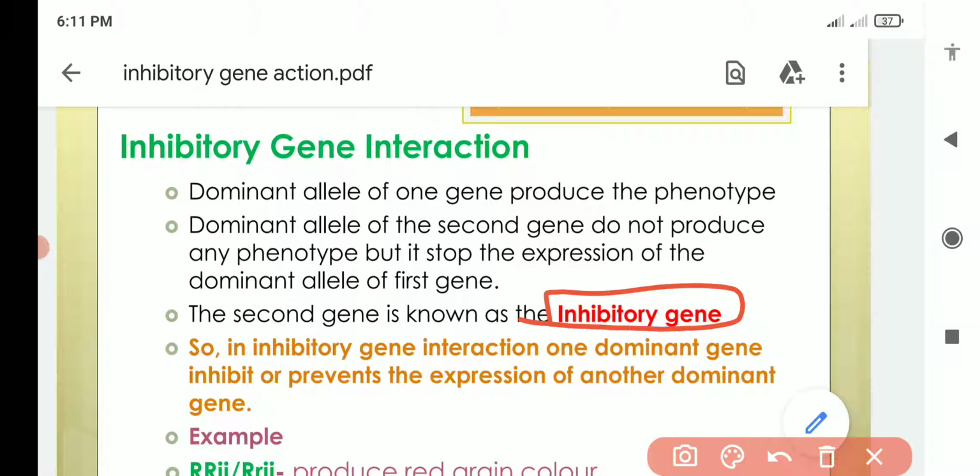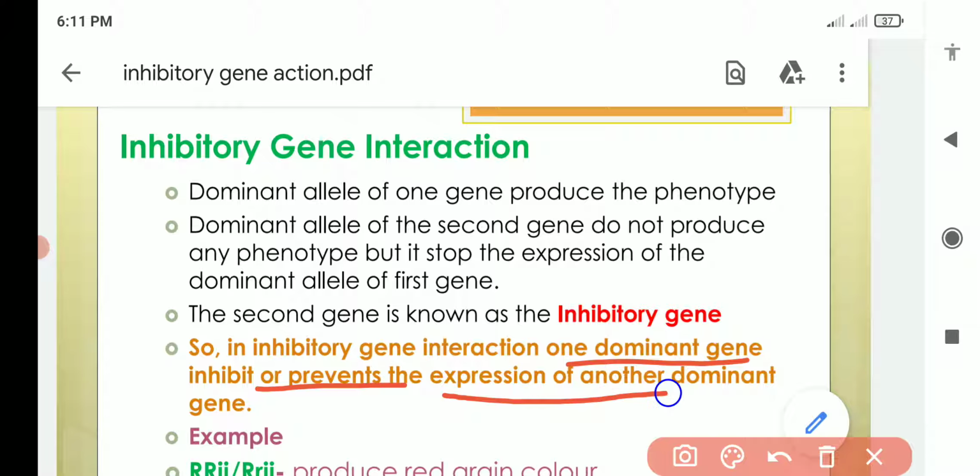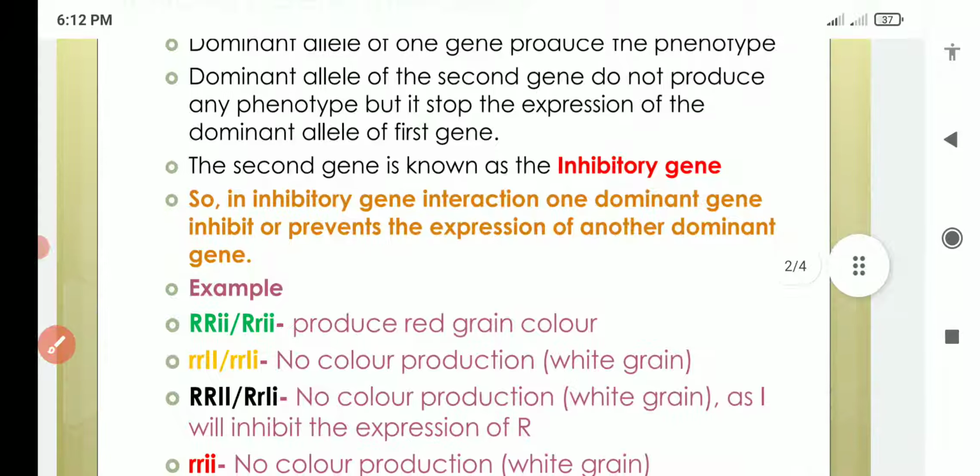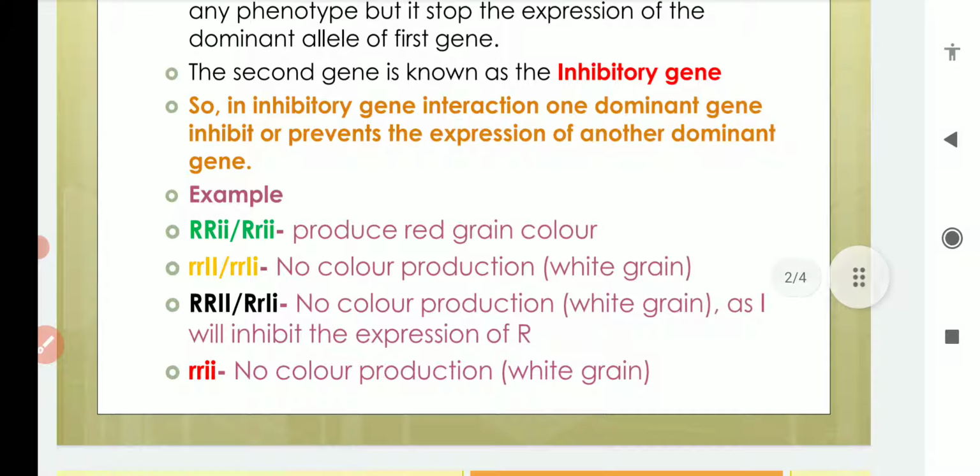We have already said that in inhibitory gene interaction, one dominant allele of the first gene will inhibit or prevent the expression of another dominant gene. So with the help of an example, we will understand this.